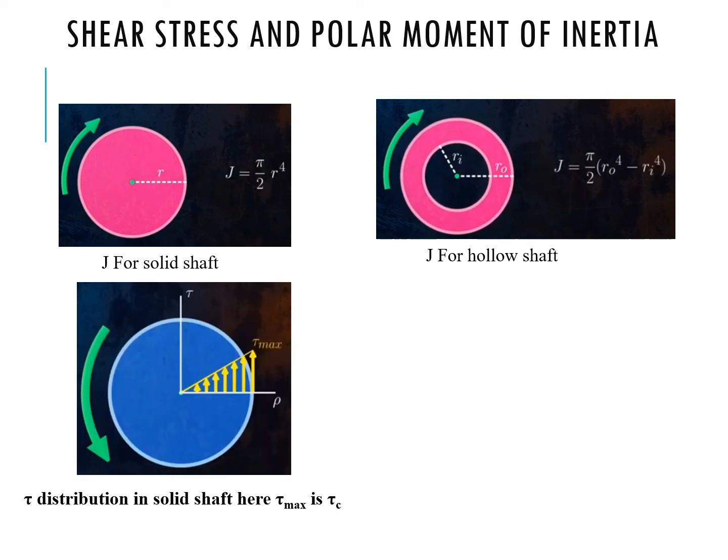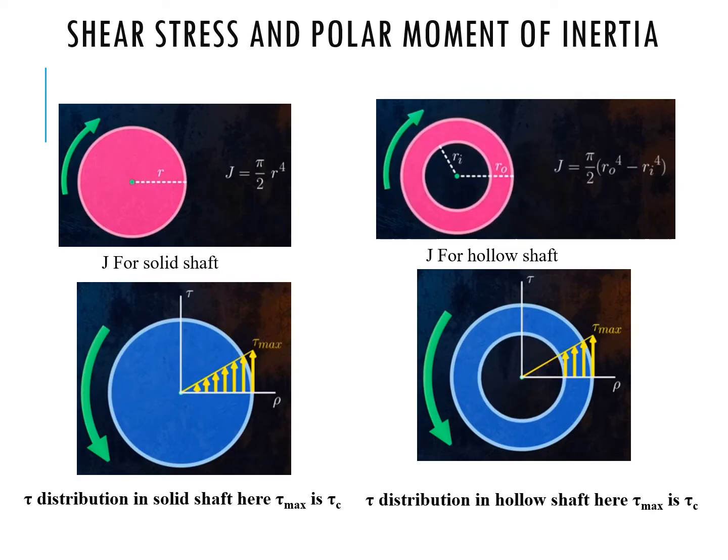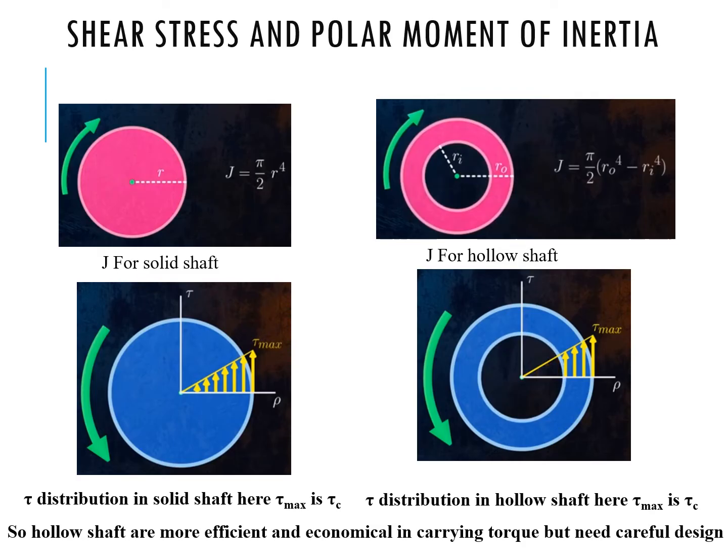You can observe that the stress distribution is 0 at the center and maximum on the surface. In the case of a hollow shaft, because there is nothing in the center, the distribution of stress is only in the solid portion of the hollow shaft. There is no material in the center. It makes the shaft lighter, it can save material, and it can make it efficient.